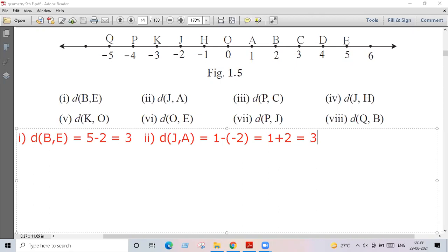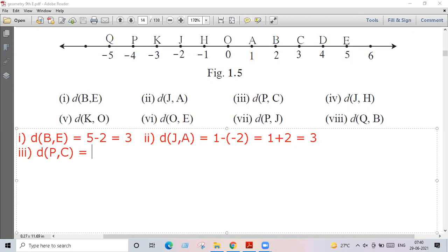You can verify this on the number line: J to H, H to O, O to A, 1, 2, 3, so 3 units. Third, what is asked? Distance PC, the distance between P and C. What is the coordinate of P? -4.